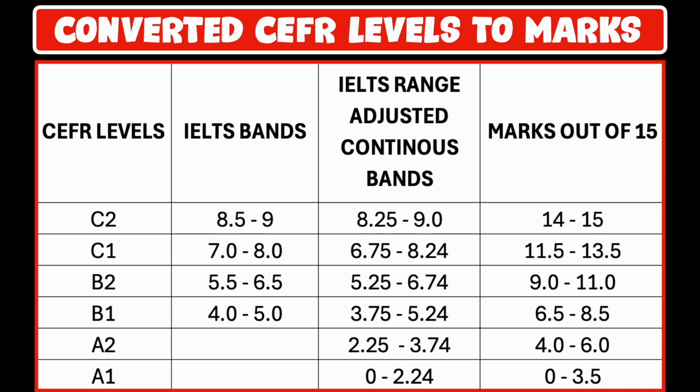You will notice that A1 and A2 is blank as IELTS officially refuses to draw any parallel with A1 and A2. So, what I have done is, I have used the statistical method called range adjustment to make it a more continuous band.